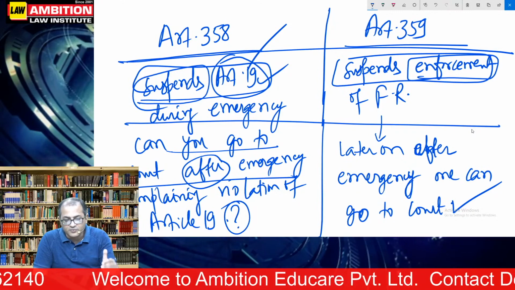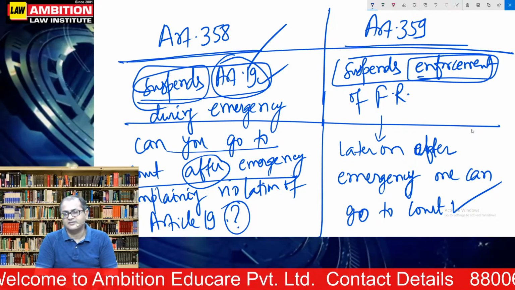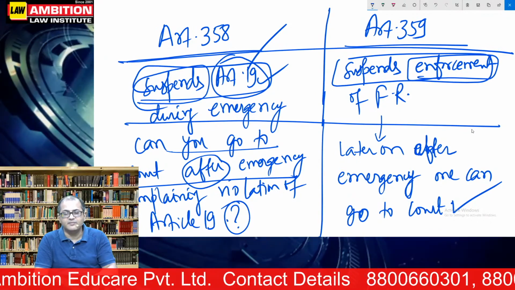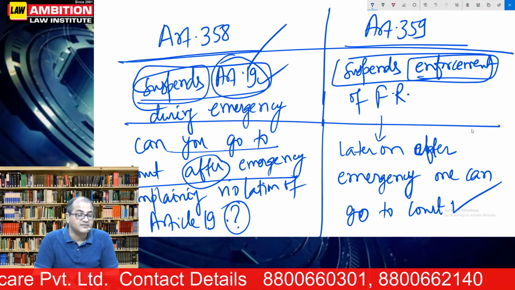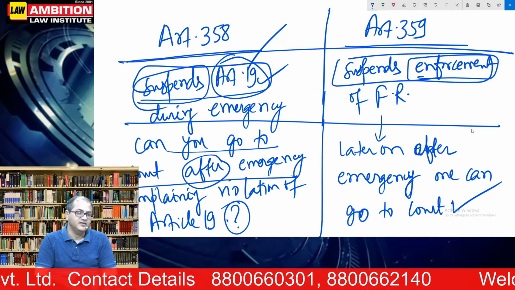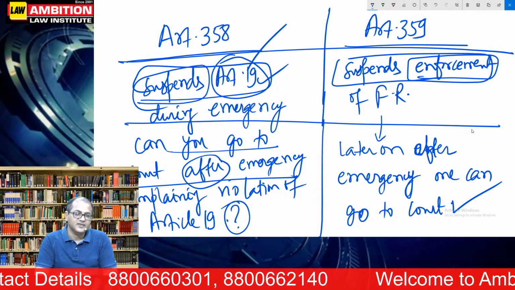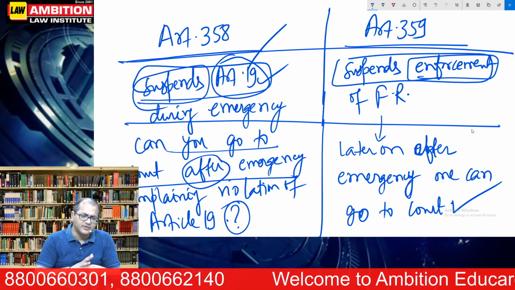So now the view on 358 is very clear: you can go to court after emergency complaining of violation of Article 19. And this was the decision in M.M. Pathak versus Union of India, AIR 1978 Supreme Court decision. This is not my opinion, it is the Supreme Court's opinion, and absolutely the correct one.